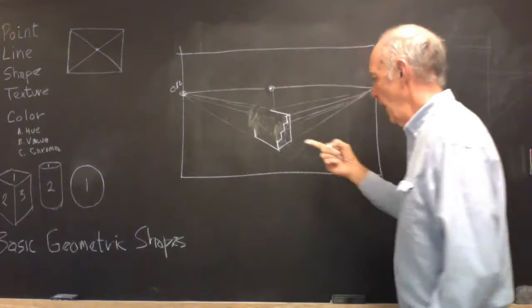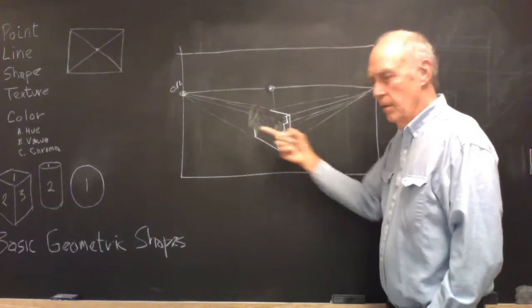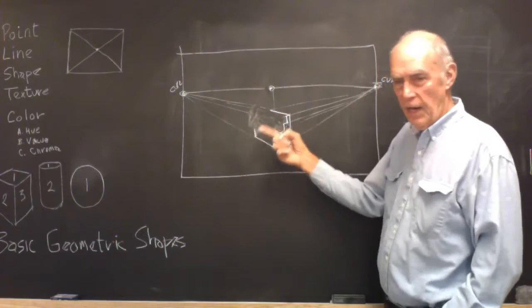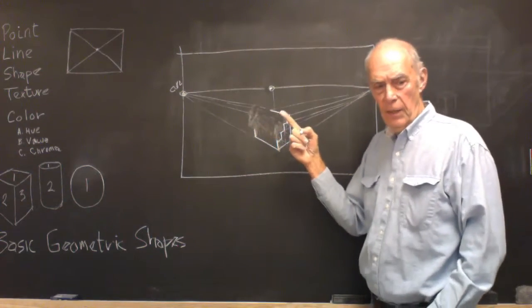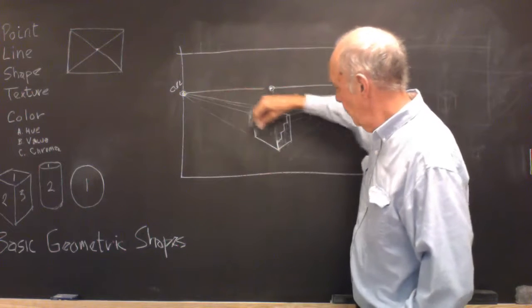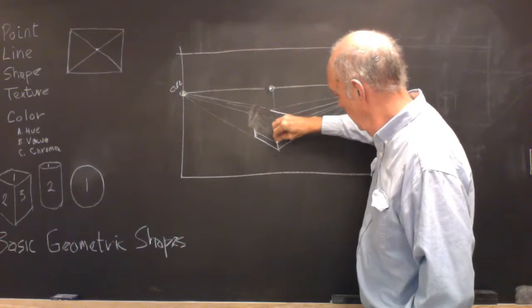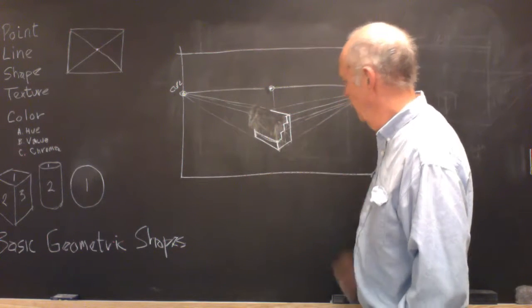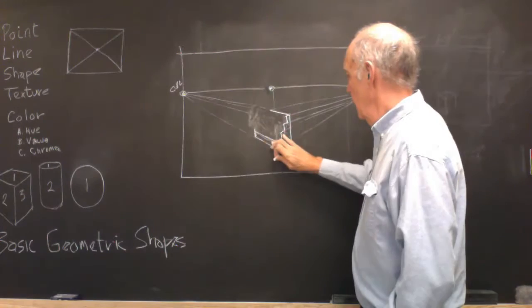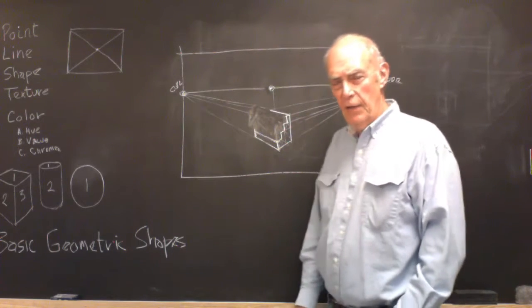Now, all the lines on this side of the block are going to be going to that vanishing point over there. Now, it's a lot easier if you have a ruler.